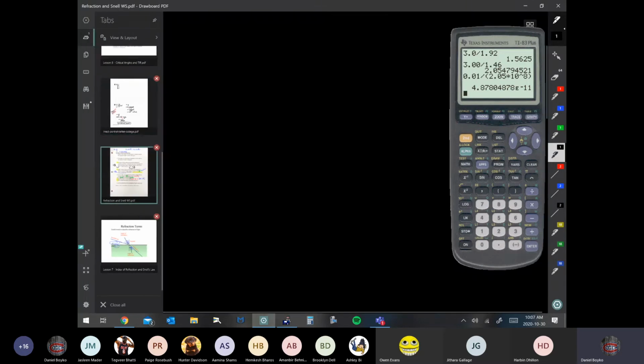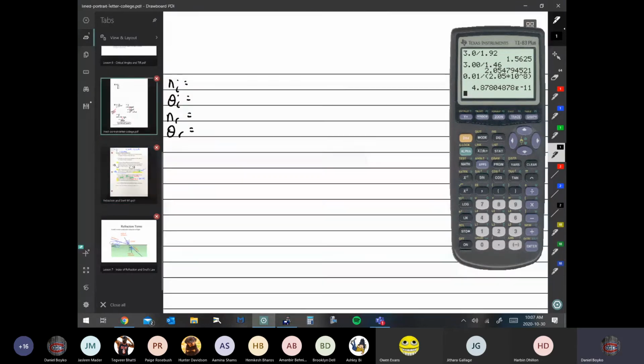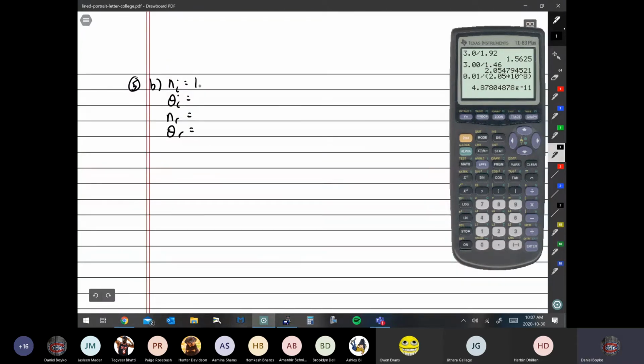So when you look back at 5B, it tells you that the light ray has an angle of incidence of 30, and for part B, glass with an index of refraction of 1.51 is our incident medium because that's where the light is starting. So my incident refractive index is 1.51. 30 degrees is my incident angle. My refracted medium is 1.003, that's air, and it wants me to find the angle of refraction.